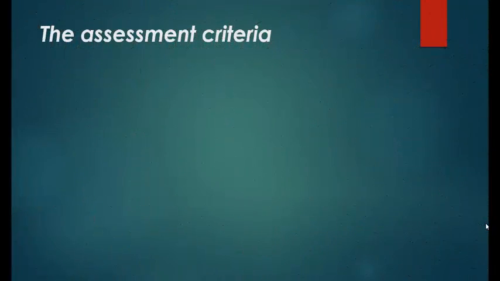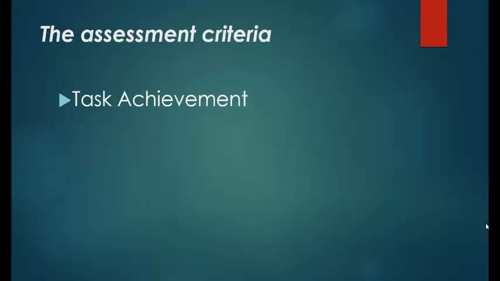Now, you need to know the assessment criteria. First of all, you have to achieve the task. That means for task 1, for example, when it says you summarize, you paraphrase, you compare, so you have to achieve whatever is mentioned in the question.